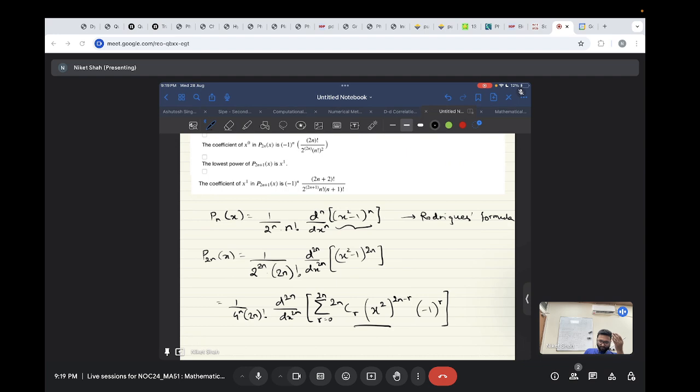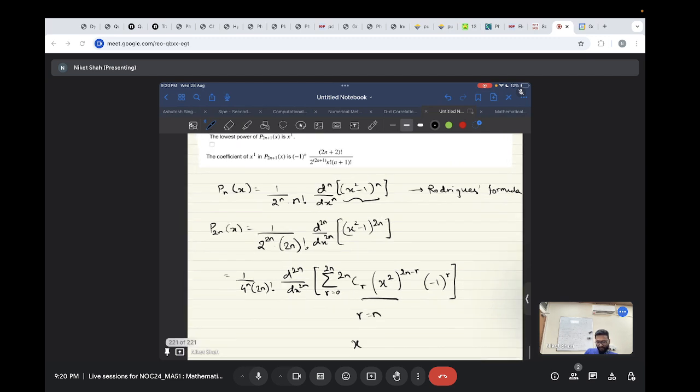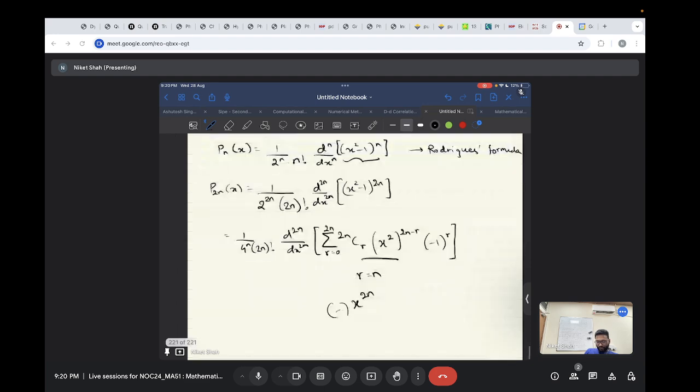For r equal to 0, it will be x raised to 4n. So I will have all these powers. For r equal to say n, I have some x raised to 2n and some coefficient here. You take the 2nth derivative of this, and you will end up with some x raised to 0, which is definitely going to happen here.